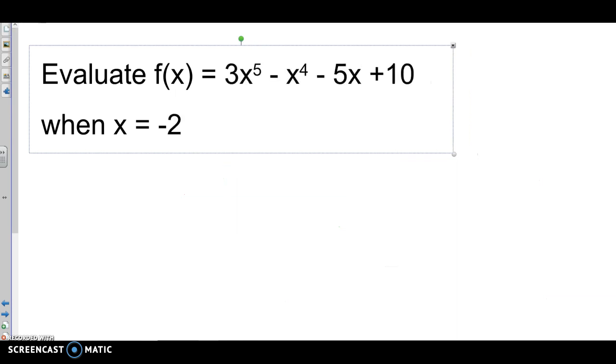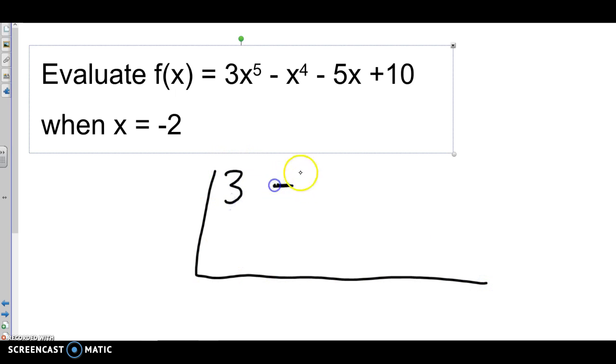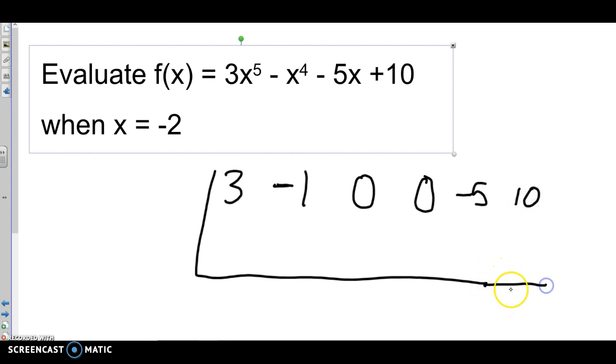And the third one on the page, feel free to pause if you want to try it by yourself, and then I'll go through the answer. All right, given adequate time to pause, coming back, I've got 3x to the 5th, -1x to the 4th, 0x cubed, 0x squared, -5x, and a constant of 10. Again, whatever number is here is going to be my answer.